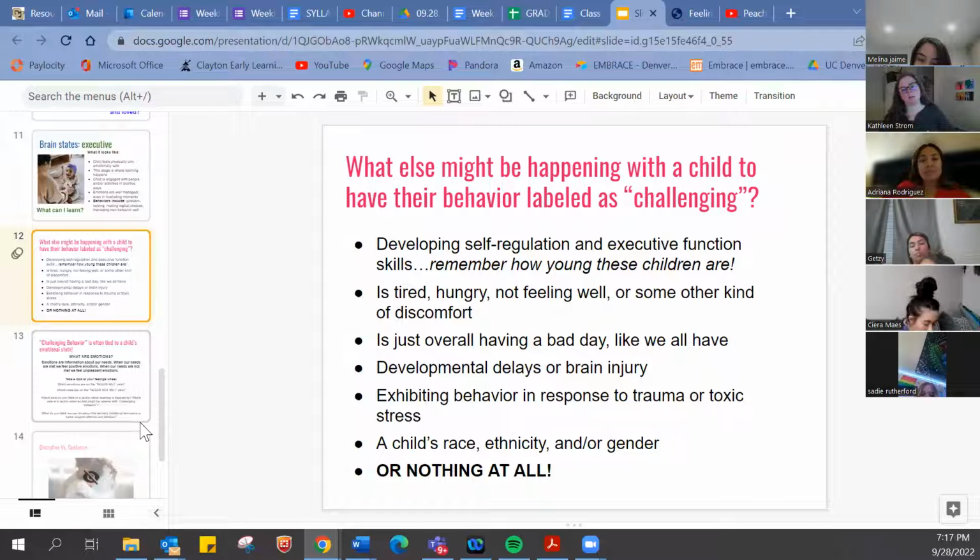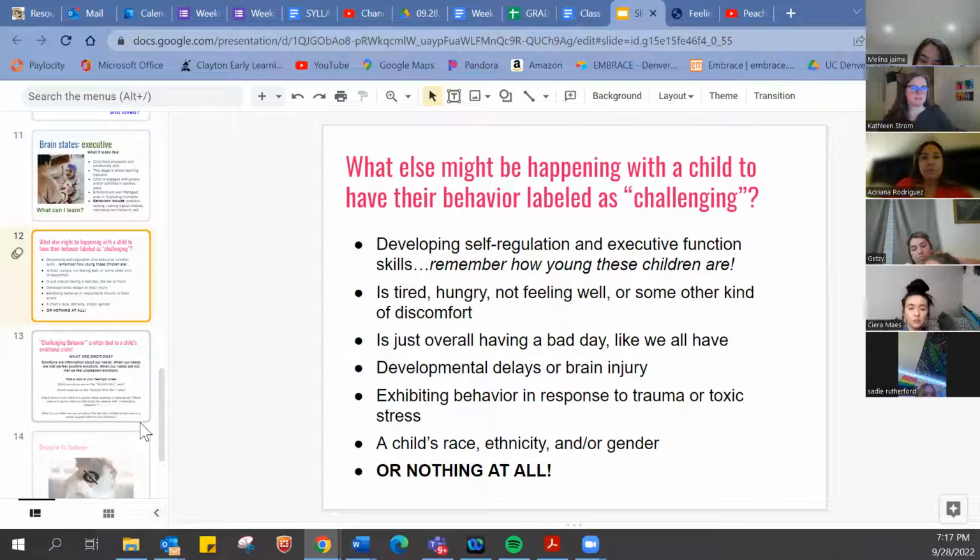And so the more knowledge that you have about these things, when you might recognize a sign of toxic stress in a child, you might be able to reach out for some services or some support for that family. The more that we can provide support and services for those experiences that a child might be having, that will still help them to develop in healthy ways.